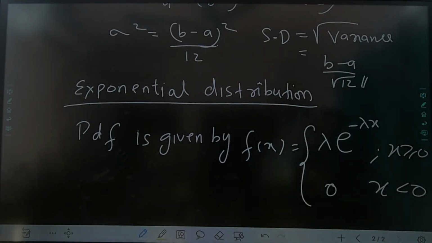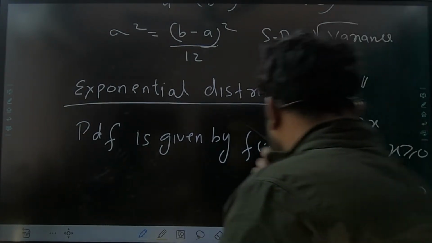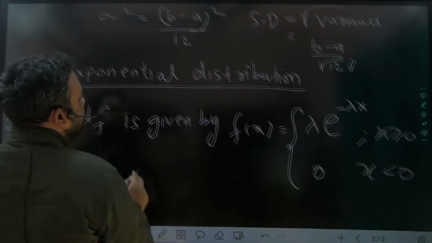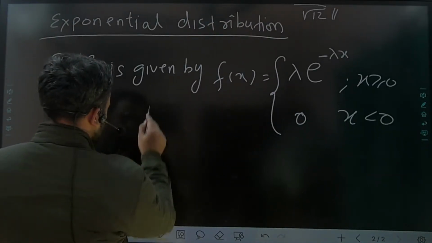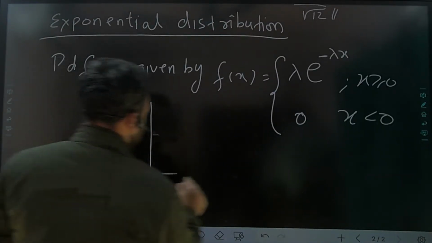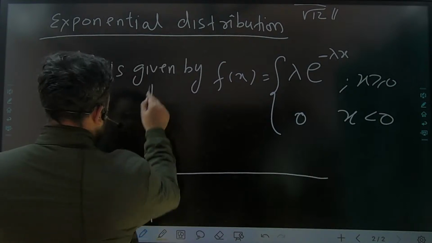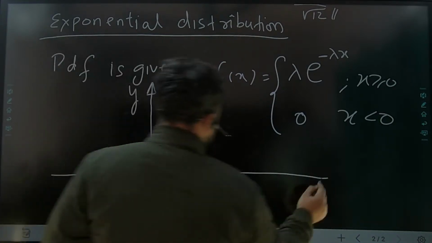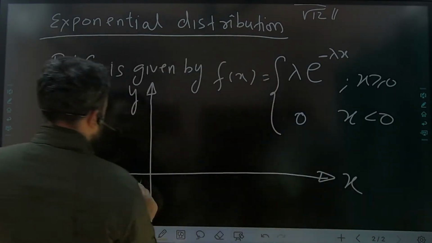The output exists for all the positive values of x; for negative values of x, there is no output. As x increases, this output will decrease, because the exponential decay is there, e raised to power minus lambda x. If I try to plot this, this is the y axis, this is the x axis, this is 0.